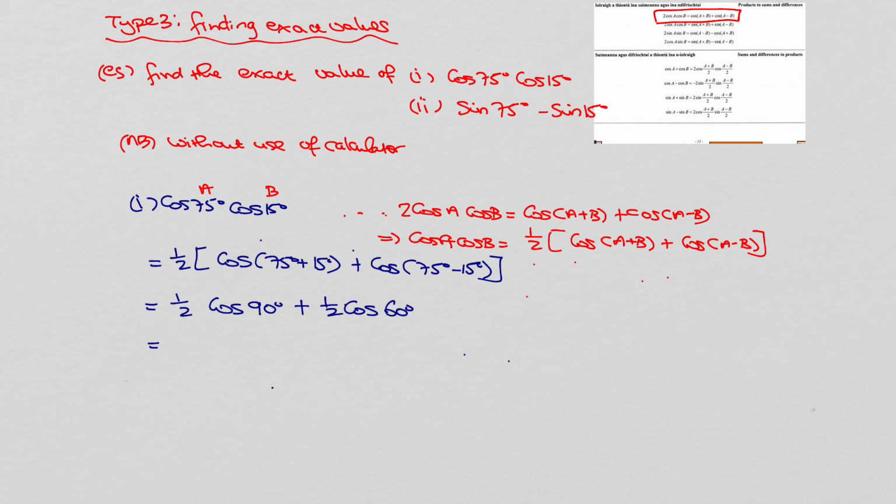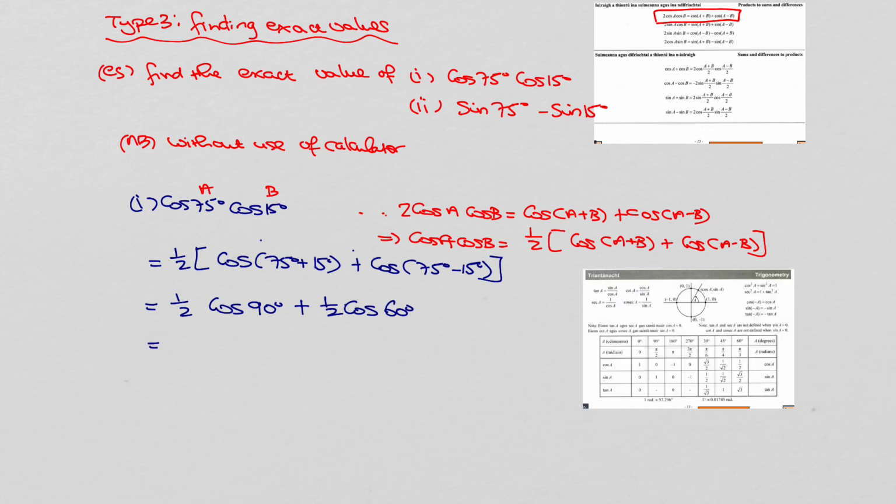So again, we go to our tables and we see cos 90 is 0 and cos 60 is a half. So that's a half times 0 plus a half times a half. And therefore the answer is just a quarter. So we haven't even gone to our calculators, but if you were to go to your calculator and get cos 75 multiplied by cos 15, you would end up with a quarter.